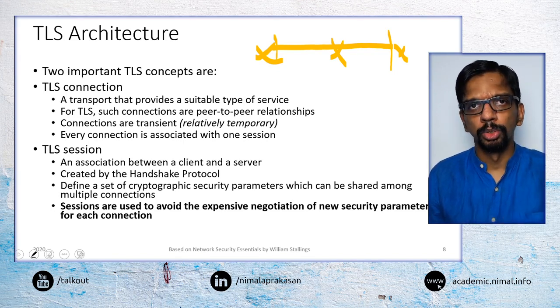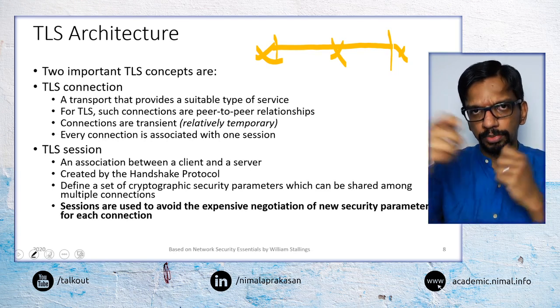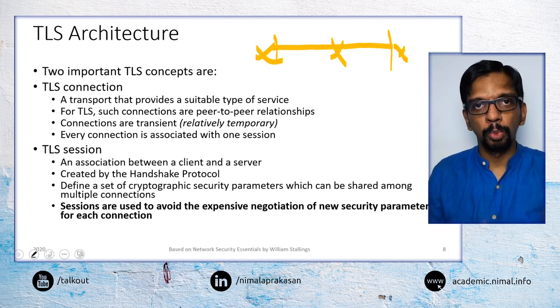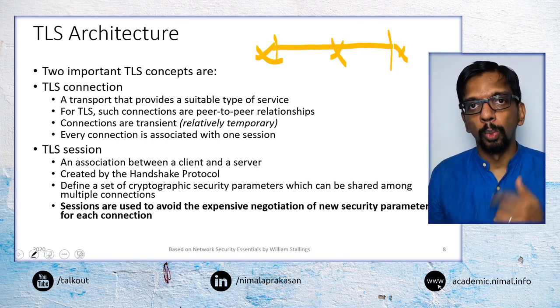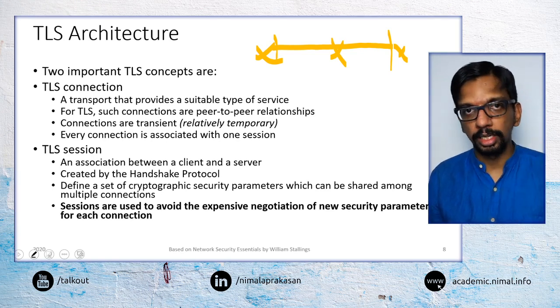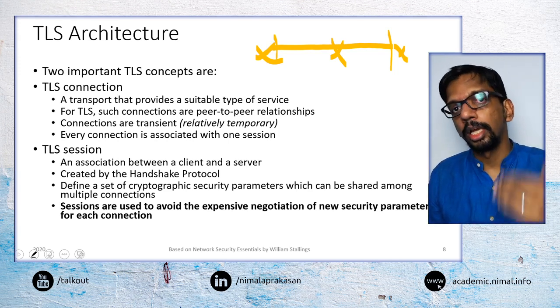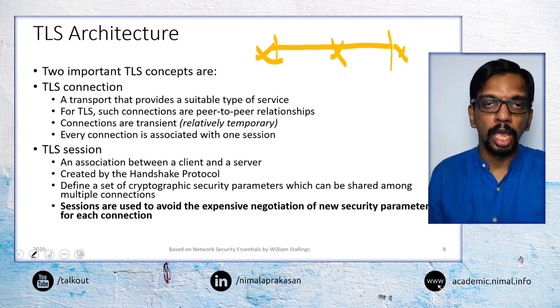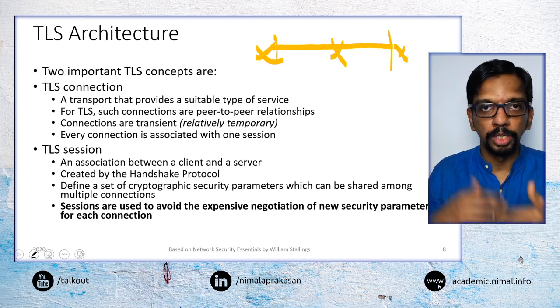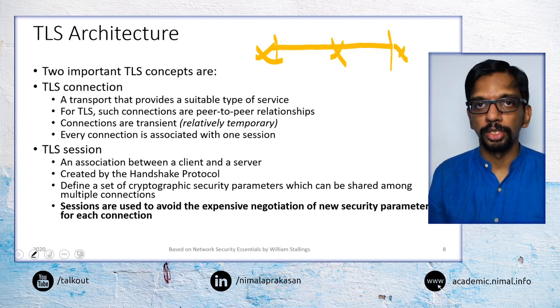You log into Gmail, and the connectivity is established, so the first connection happens. But then you are reading an email, and it is possible that the connection is no longer active. After a while, maybe a few minutes later, you try to go to another page or another email, and now a new connection is established.